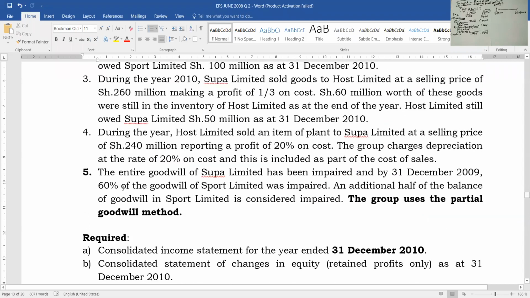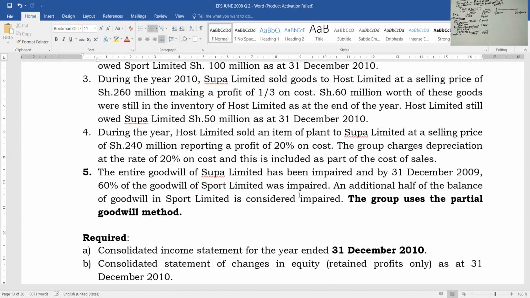So note 5, they said the entire goodwill of Super had been impaired, and by 31st December 2009, 60% of the goodwill of Spot was impaired. By which date? 31st December 2009. So by the end of 2009, the entire goodwill of Super was impaired and 60% of the goodwill of Spot was impaired.